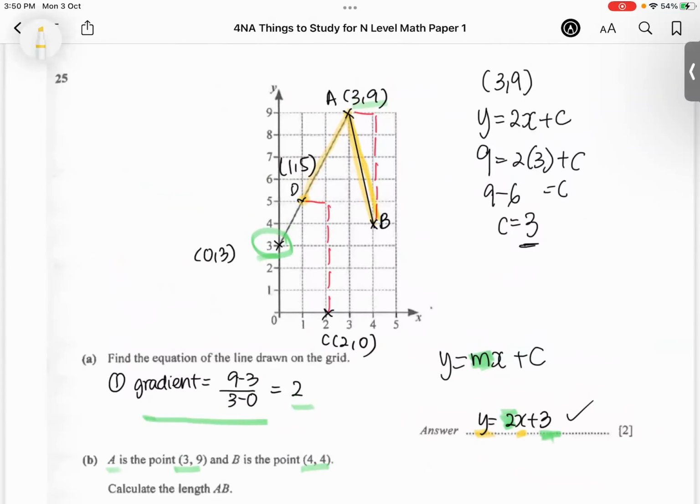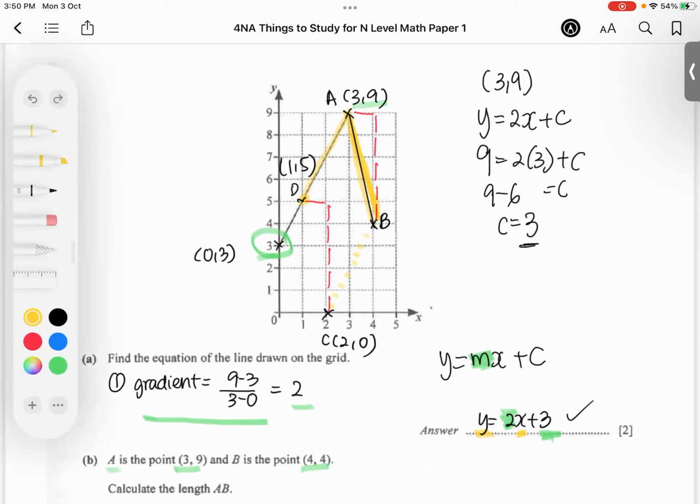B must go to point C, then go up to D. So if I have a parallelogram, it means this length, this slope over here, or maybe I should put what color? I also don't know. Okay, let me erase it away.